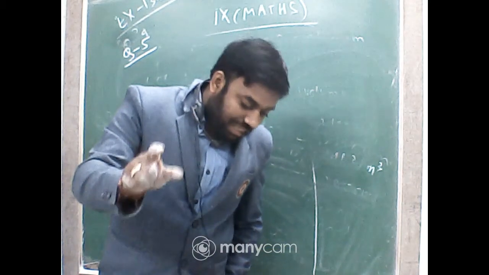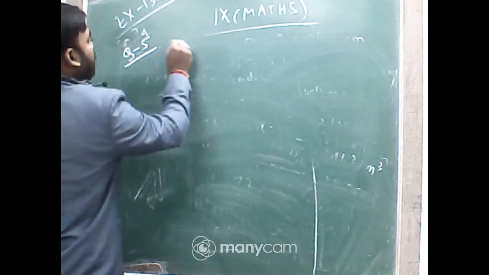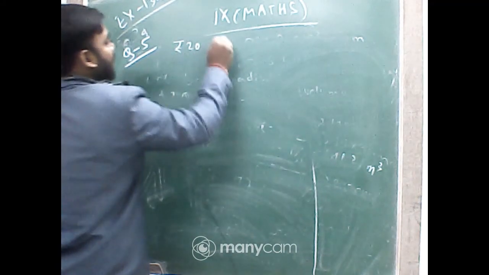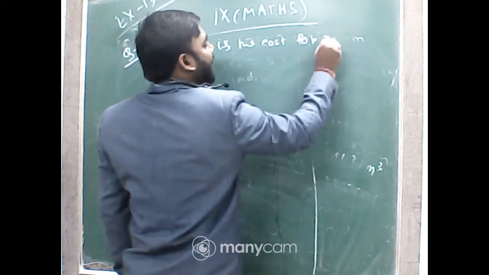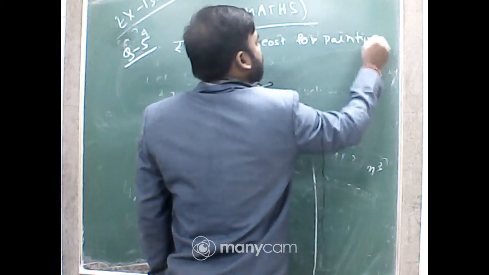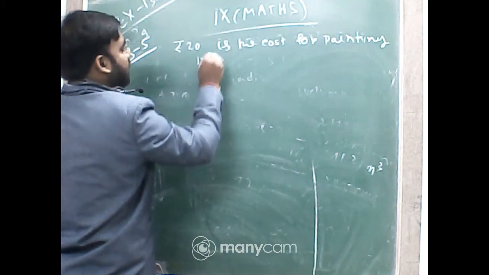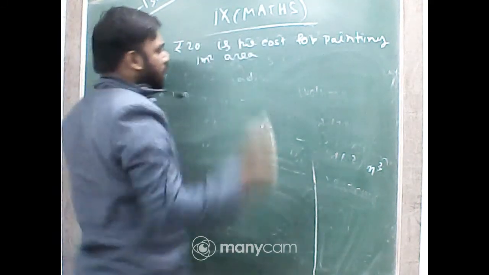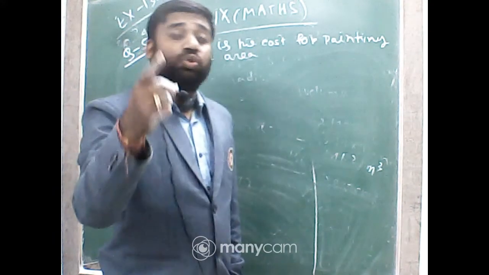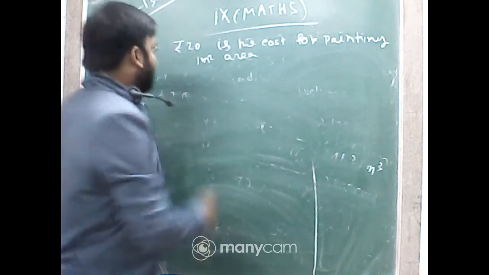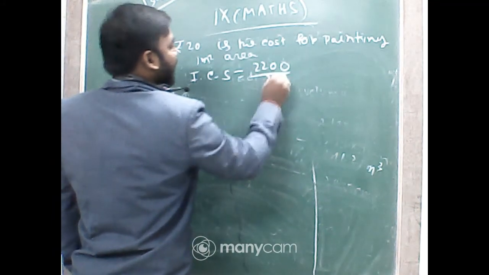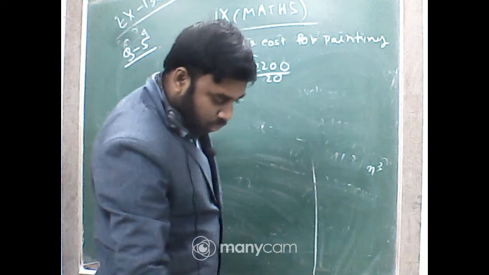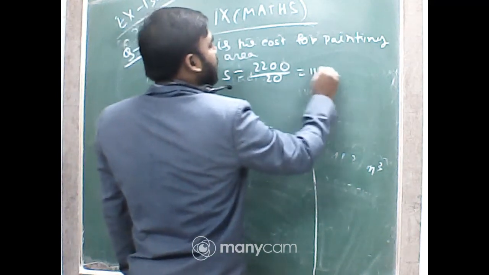First of all, rupees 20 is the cost of painting 1 meter square area, and the total cost is 2200. So inner curved surface area equals 2200 by 20, that is equal to 110 meter square.